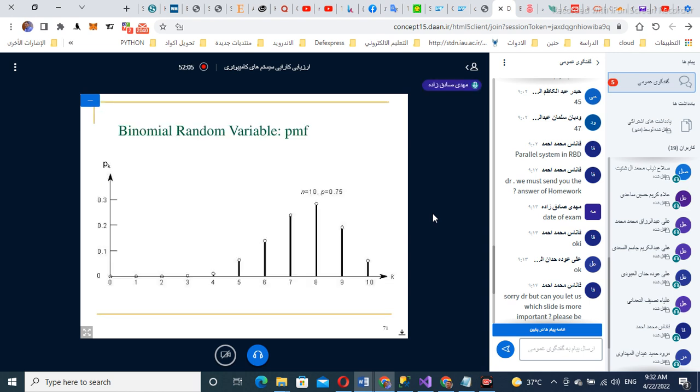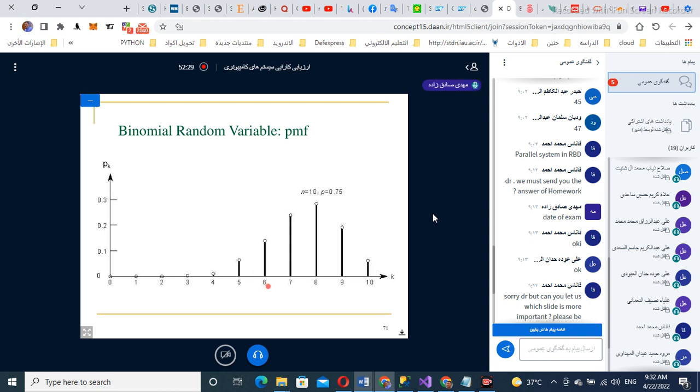Here n is 10, and k between, for example, 0 until 10, and with p 0.75, 1 minus p is 0.25.